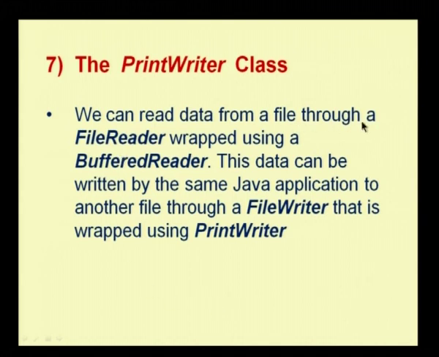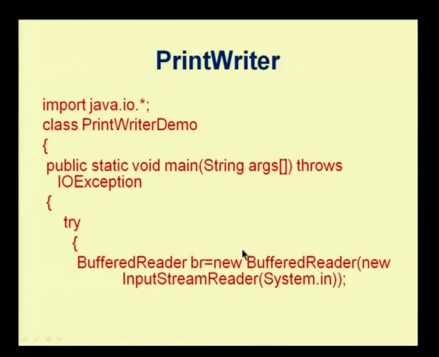So we can read data from the file through a FileReader wrapped using a BufferedReader. So we can use FileReader as well as BufferedReader together. This data could be written by the same Java application to another file through a FileWriter that is wrapped using a PrintWriter.